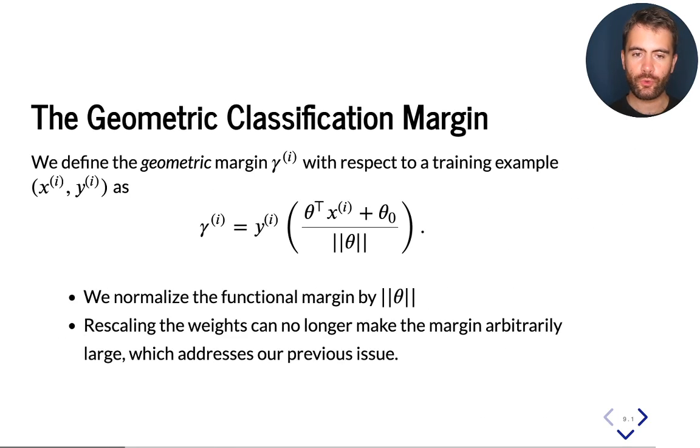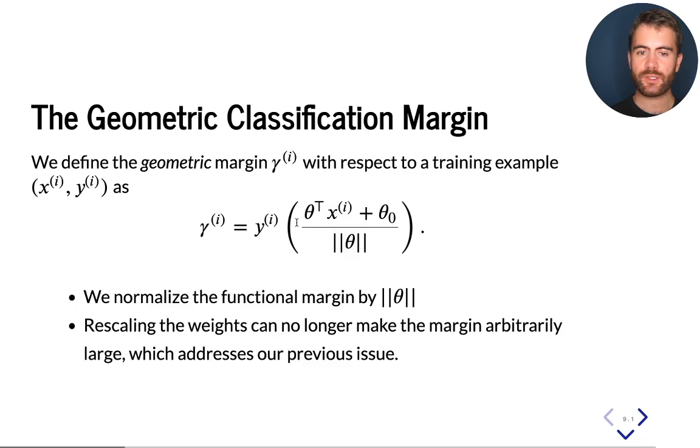So in order to address this problem, I'm going to slightly modify the definition that I had earlier, and I'm going to define this other concept of margin denoted by gamma. Here it's again gamma with an index of i, meaning this is the margin of the point xi. And this is going to be what I call the geometric margin.